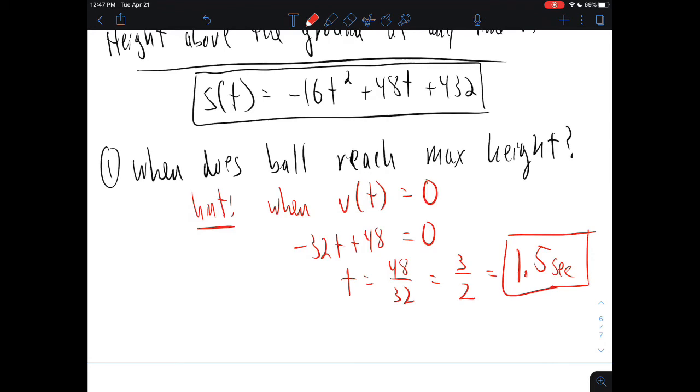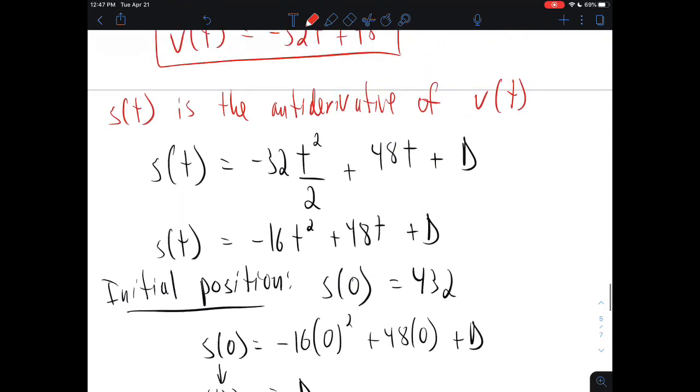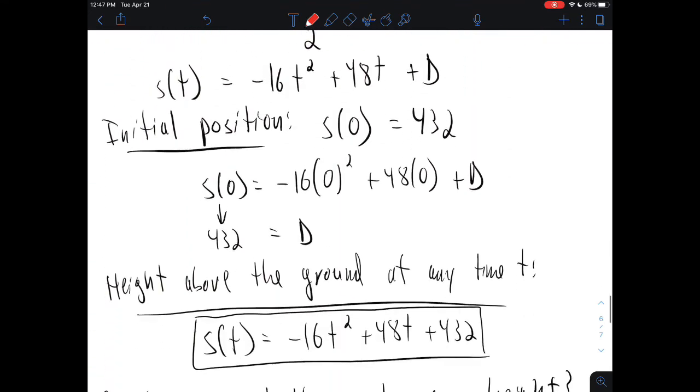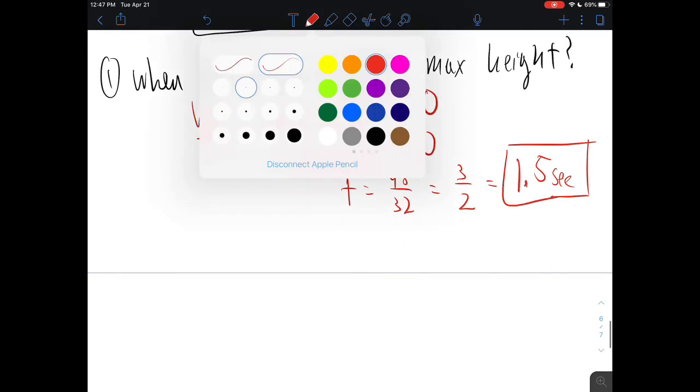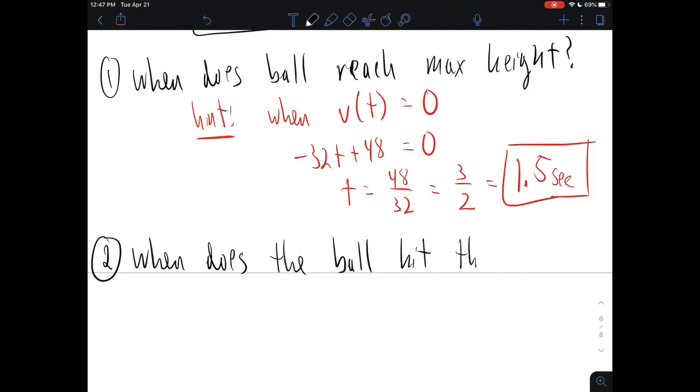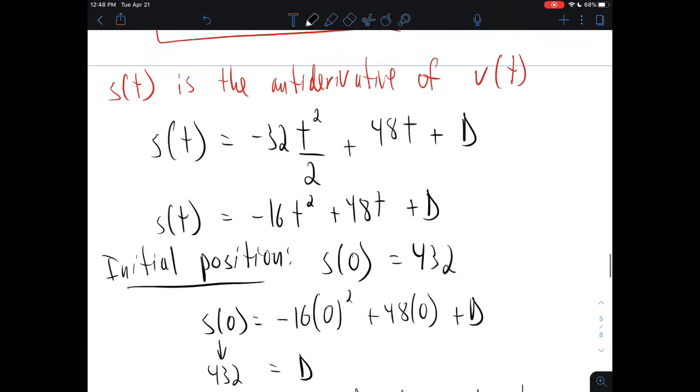And then the other question that we had, when does the ball hit the ground? Just think it was thrown from the top of a building, and it goes up and then eventually hits the ground.